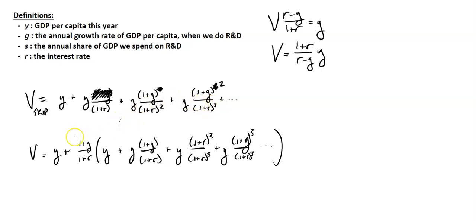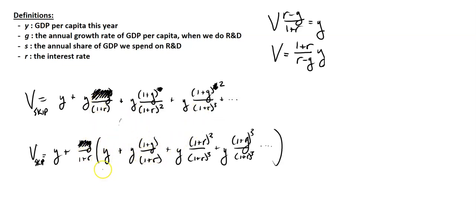All right, if we go down to the next stage, down here, we can rewrite this value of skipping in kind of a convenient way. If we factor out 1/(1+R), and just again scratch out one of these (1+G)'s, it's just another way of writing this whole summation up here, okay? Notice they're the same because if you multiply Y by 1 over (1+R), you get this term back and so on all the way through.